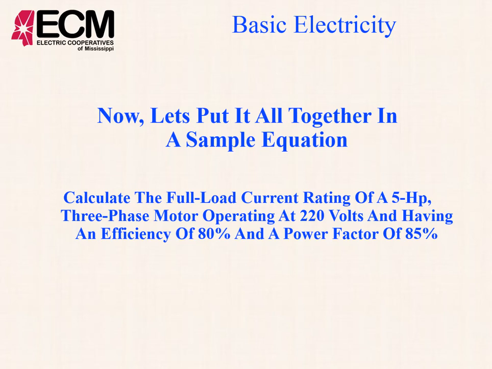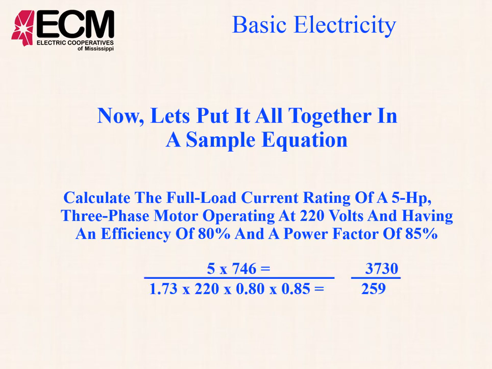So here we go. Calculate the full load current rating of a 5 horsepower three-phase motor operating at 220 volts and having an efficiency of 80% and a power factor of 85%. So the same formula. There again, basically we have the 5 horsepower times 746, we get 3,730.